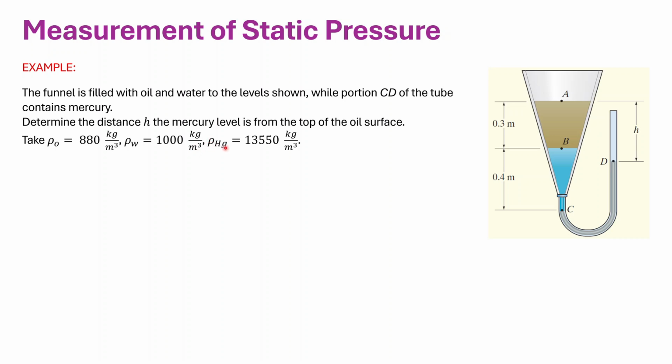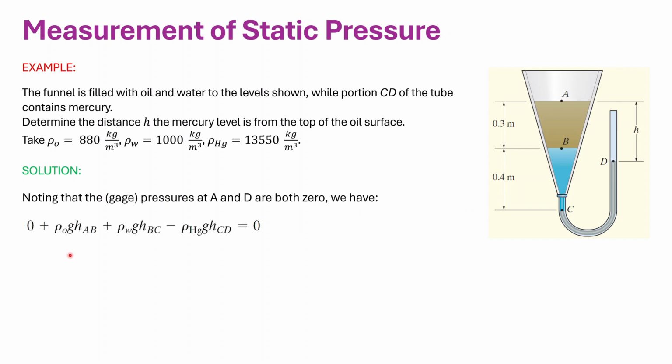And rho Hg, which is density of mercury, equals 13,550 kilograms per meter cubed. All right, noting that the gauge pressure at A and D are both zero because both of them are open to the atmosphere, we have 0 plus rho O g h AB.